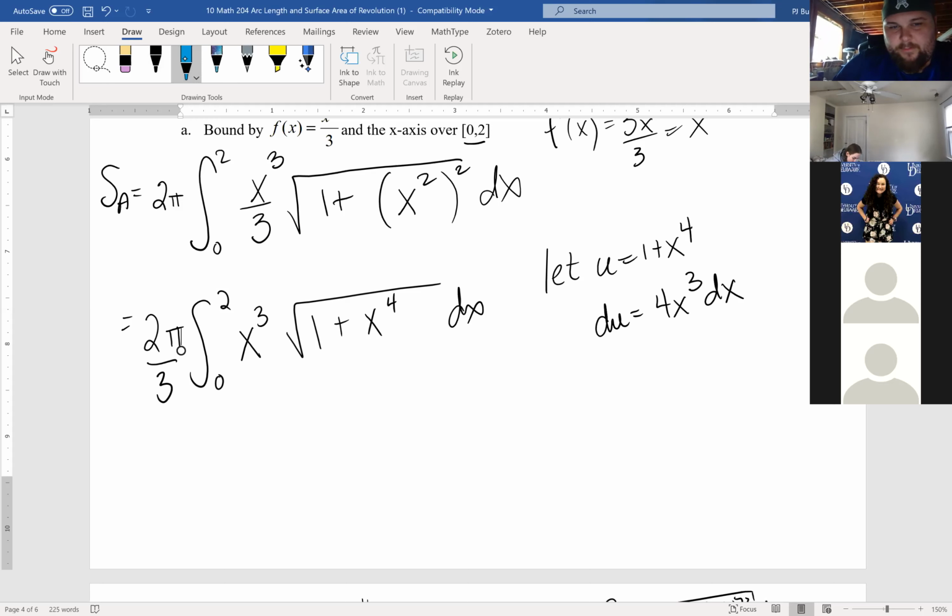So if we let u equal everything under the radical, du is 4x cubed dx. So we need a 4 out here. And then we need a 1/4 down there or out there.